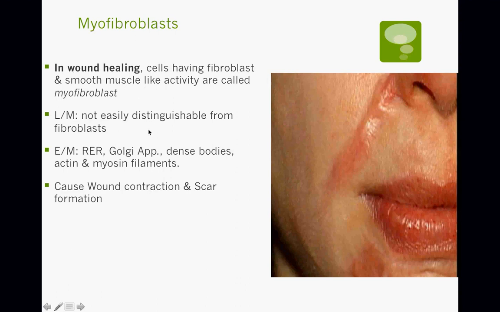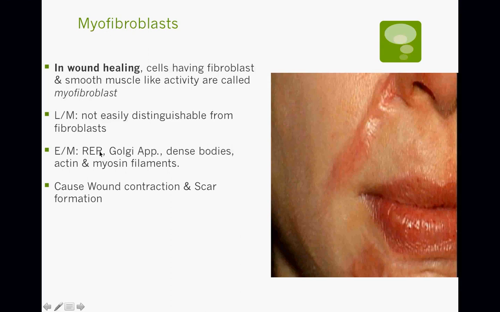When you differentiate under the light microscope, you won't be able to distinguish it from the fibroblast. It will give you a dilated, spindle-shaped appearance and a basophilic cytoplasm, and there will be processes in it. The difference is in the electron microscope.